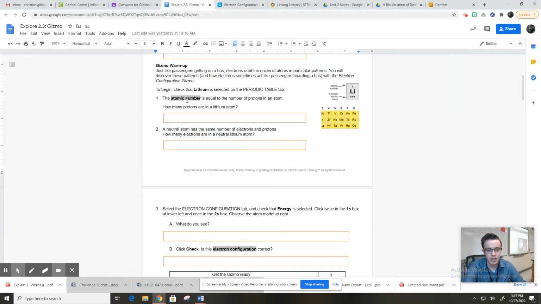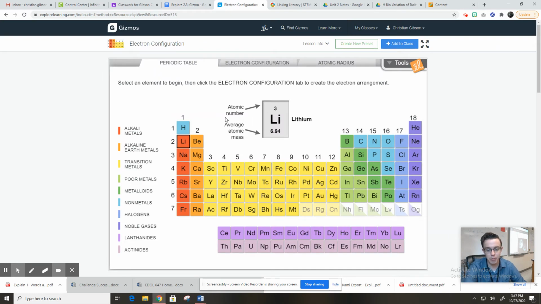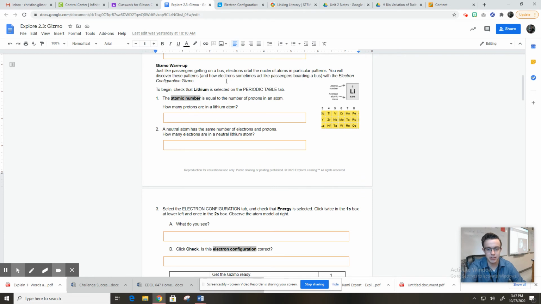It says how many protons are in lithium. If you remember, the protons are the atomic number, so the answer there is 3. Lithium has 3 because its atomic number is 3. Number 2, a neutral atom has the same number of electrons and protons, so how many electrons are in lithium? Well, if lithium has 3 protons, then it also has 3 electrons.